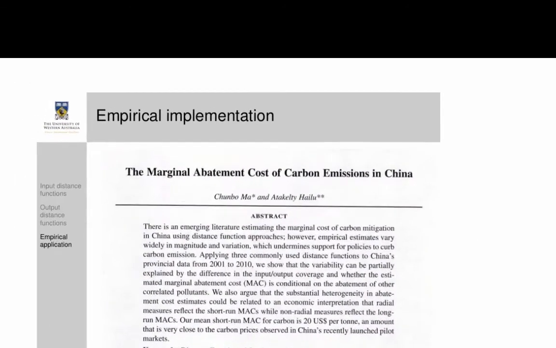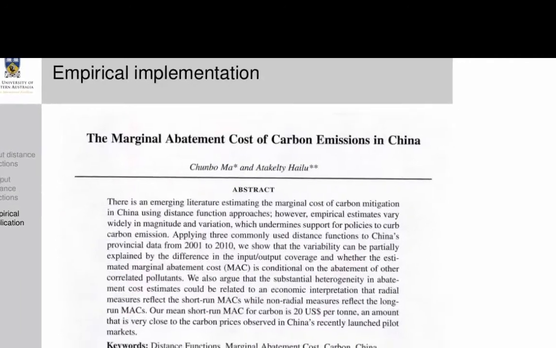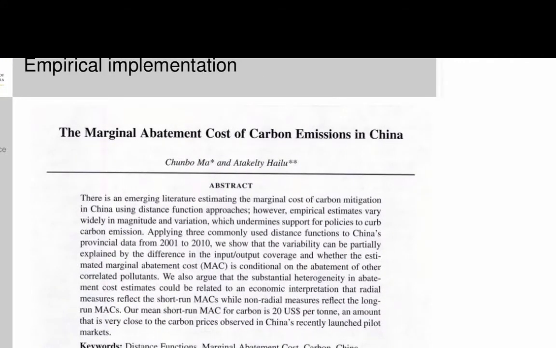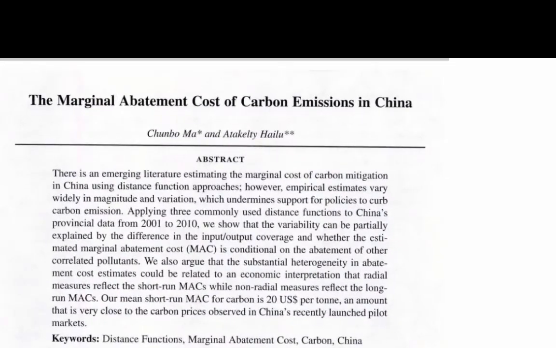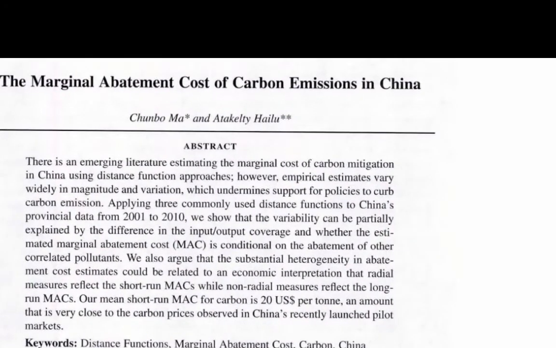So what does the paper do? It's using data from the provinces in China and looking at their economic activity and their emissions in terms of greenhouse and other air pollutants, and trying to estimate the shadow prices for emission reduction. So it is an input distance function, but it also estimates other functions such as output and directional distance functions.